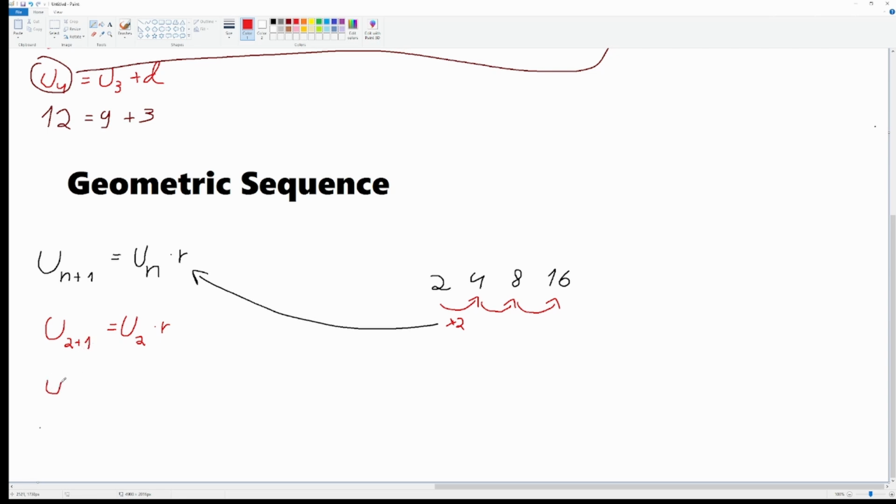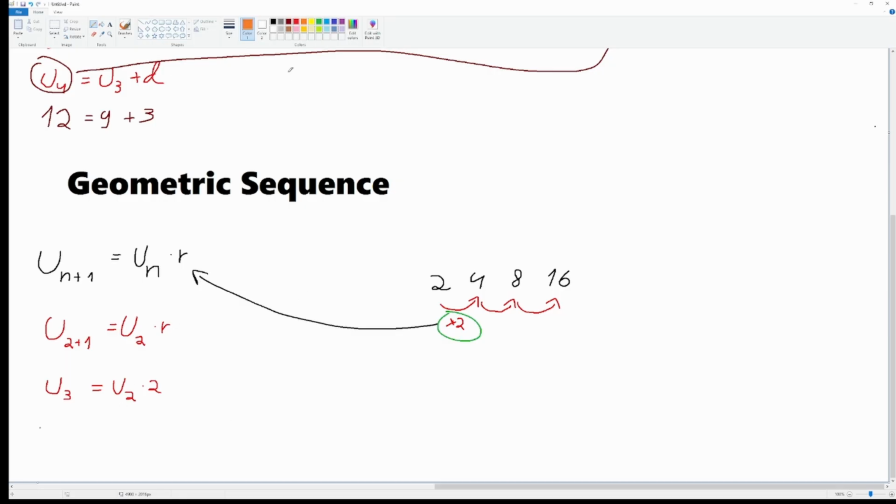And so we get that u3 is equal to u2 times 2, because in this case our r is 2, because it keeps getting bigger by 2.